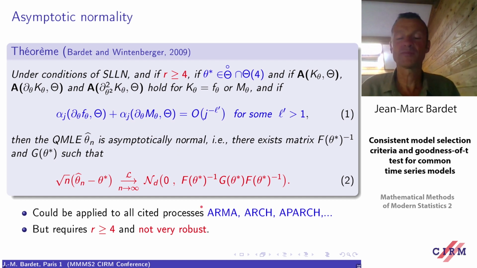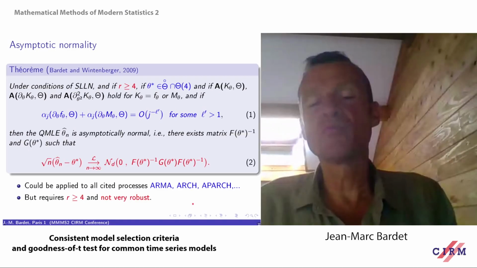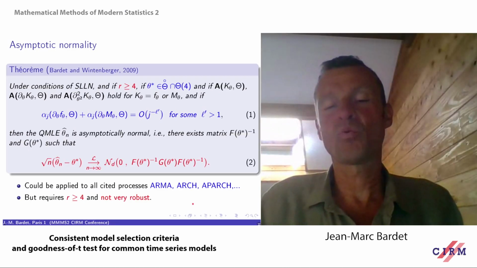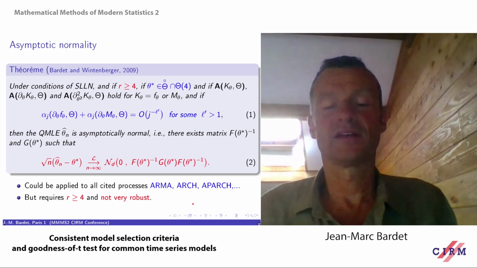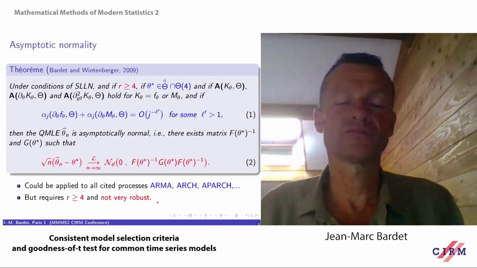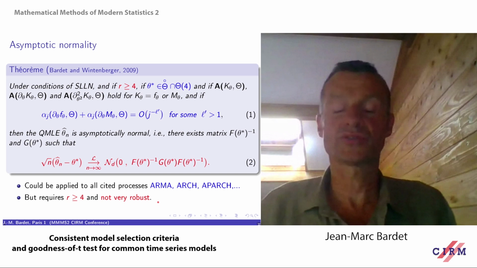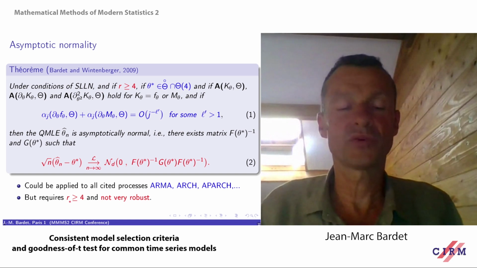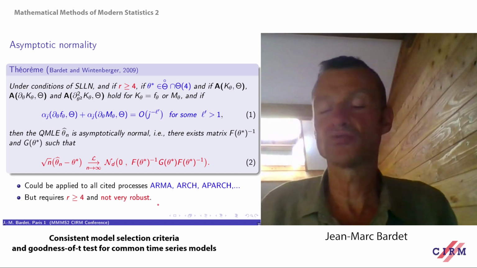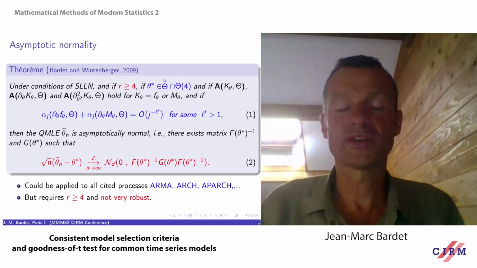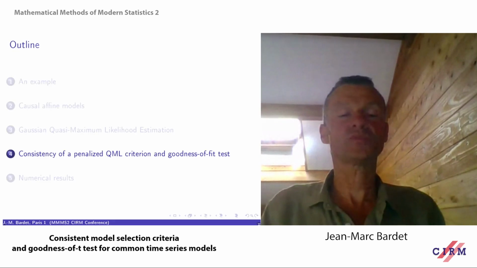So no problem for using those theorems in all these cases. It requires that r is greater or equal to 4, and it's not a very robust way of estimating the parameters, and there are other solutions for obtaining, for instance, r greater or equal to 2. But I will not say more about this.